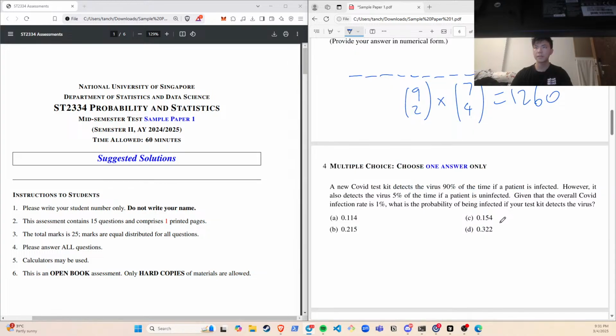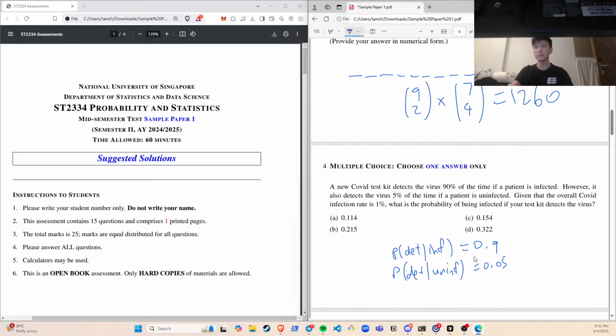The new COVID test kit detects the virus 90% of the time if the patient is infected. So P of detect given infected is 0.9. However, it detects 5% of the time when uninfected, so detect given uninfected is 0.05. Overall infection rate is 1%. So this is just a conditional probability.